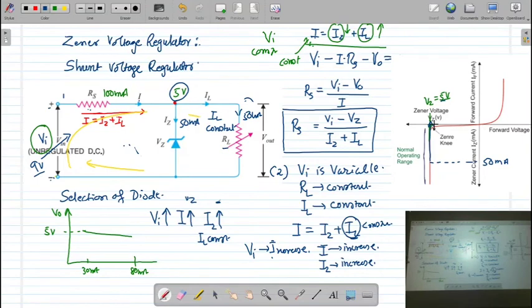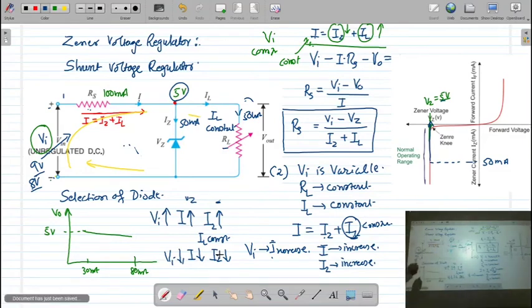Now, let us say my input voltage is reduced from 9 volt to 8 volt. So what will happen? Your total current will decrease. If the input voltage decreases, then the total current decreases. Total current decreasing means, IL is constant, so the Iz will also decrease.